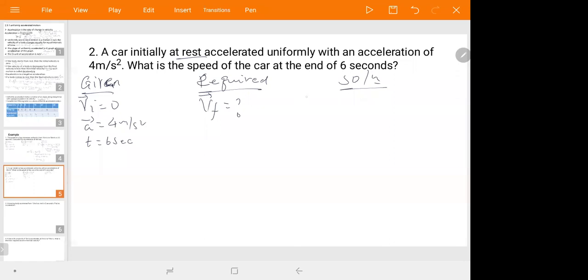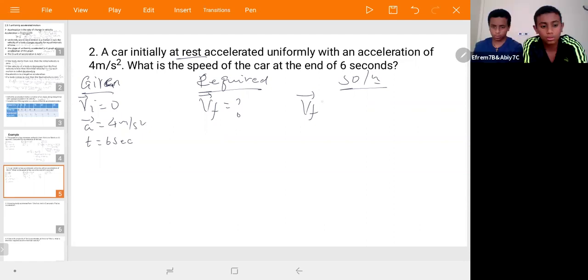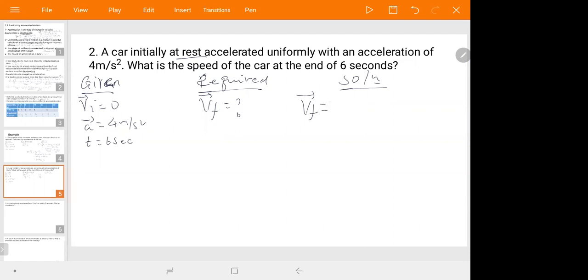What is the formula of final velocity? Final velocity equals initial velocity plus acceleration times time.